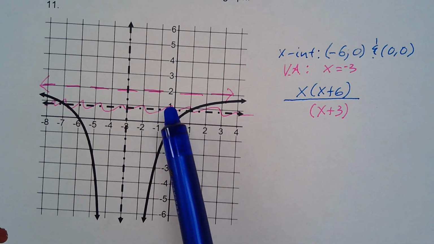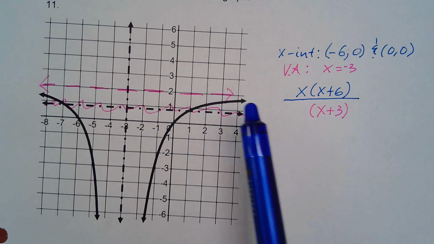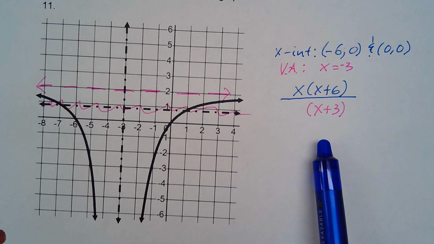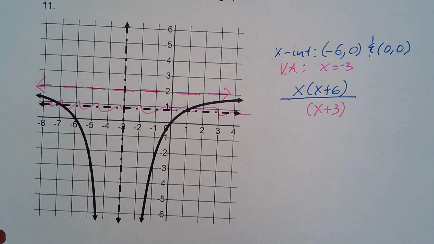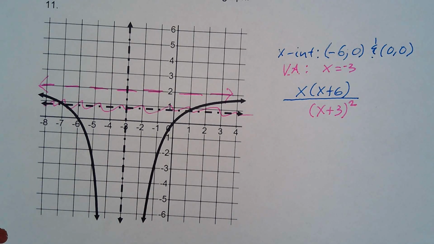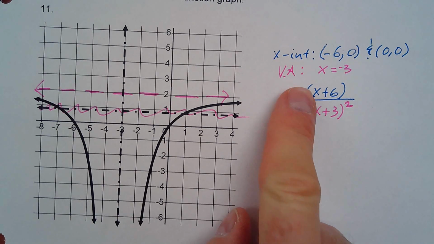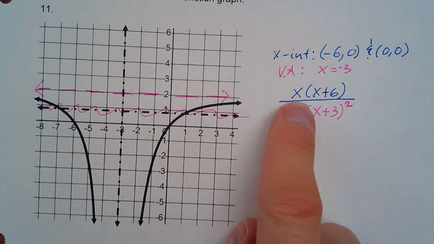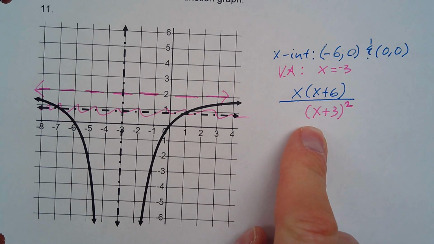The only way you can have a horizontal asymptote is if the degree of the polynomial numerator and denominator are the same. As it's written, they're not. The only way I can make them the same is putting a squared here on this x plus 3. So now they both have degree 2. If I multiply both of them out, I'll have an x squared on the top and x squared on the bottom. My horizontal asymptote would be 1 over 1, which equals 1.